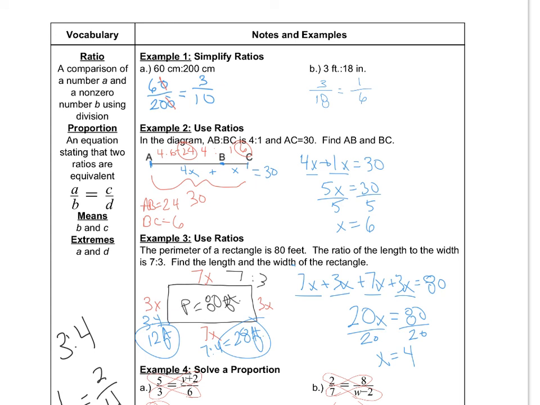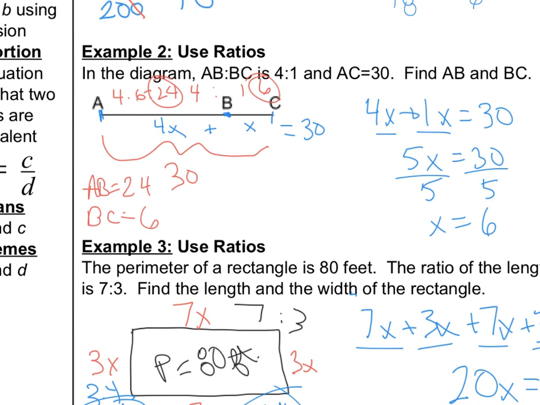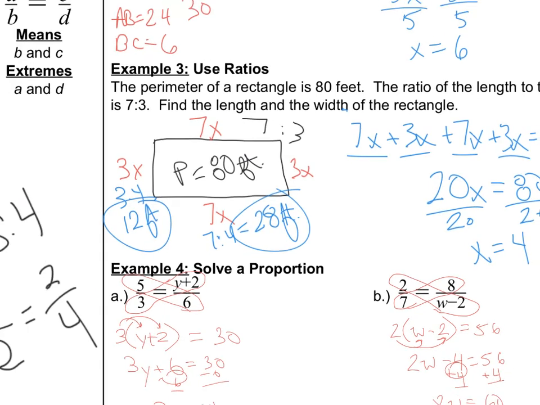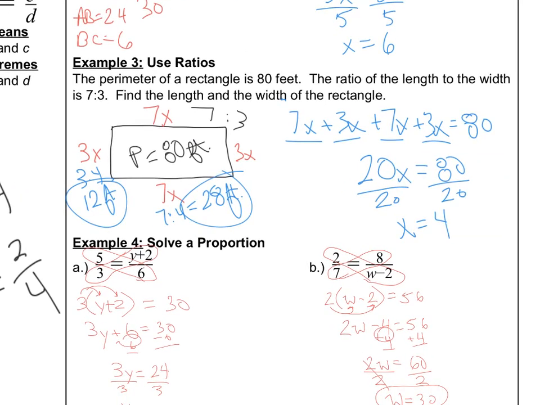Again, remember we simplified the fractions up here in the first part. In example 2, we just created a little equation here and here to figure out the lengths of the segments. All right, we just added them together. Kind of similar thing then on the rectangle here. All right, just finding the way around.